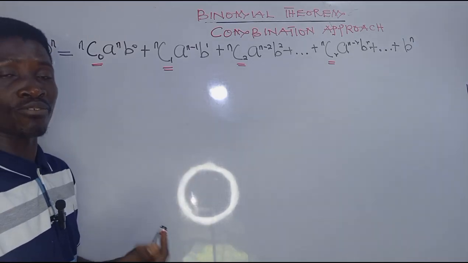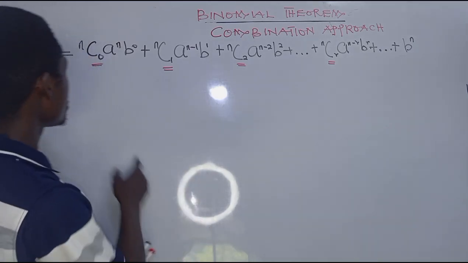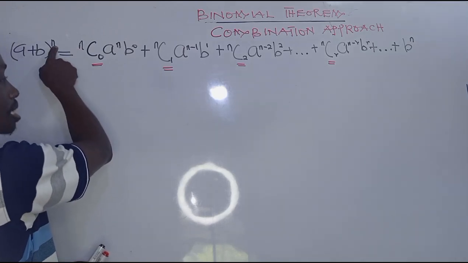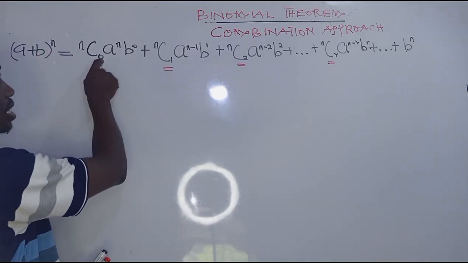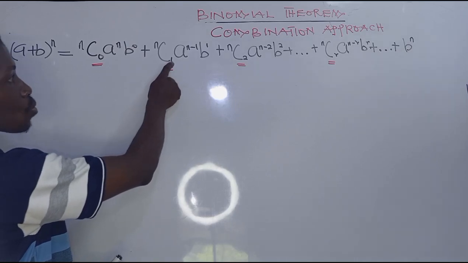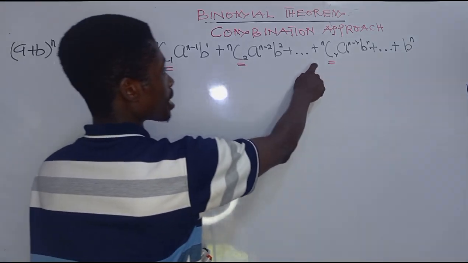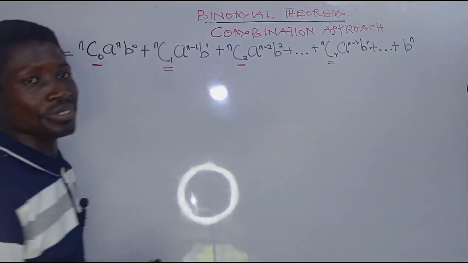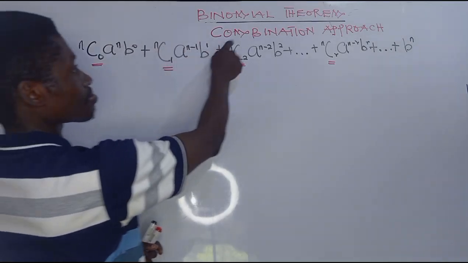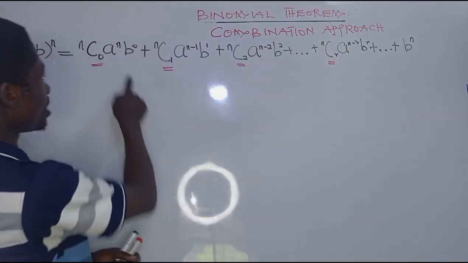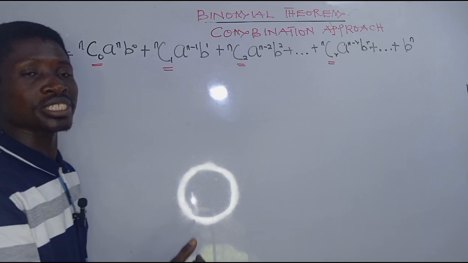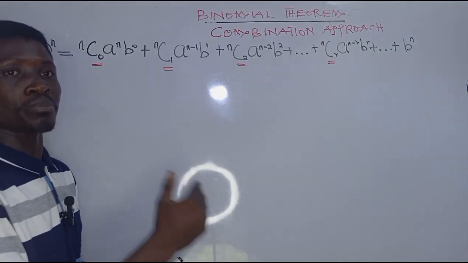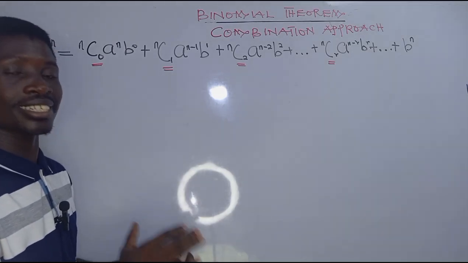Now, in remembering the formula too, it is very simple. Now we have n represent the power, combination 0. So from 0, it moves to 1, 2, 3, 4, and so on. Now the n is always the same, and then the rest follows the pattern from the Pascal's triangle. That is that.